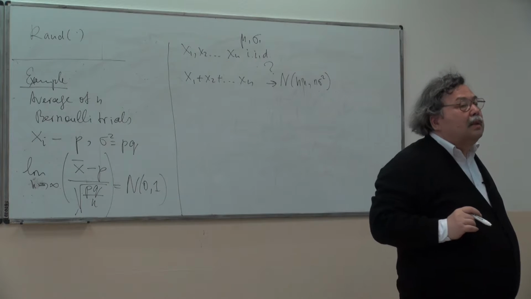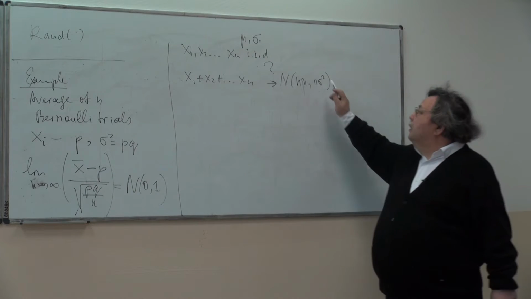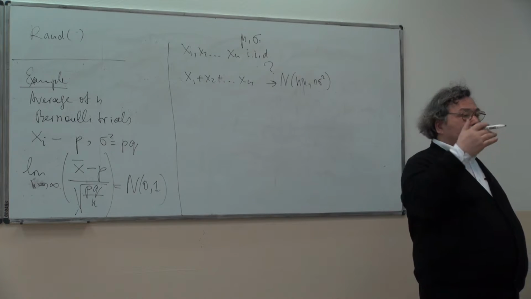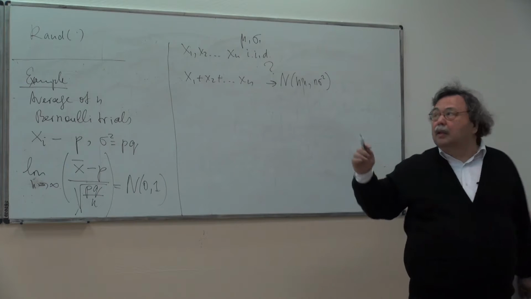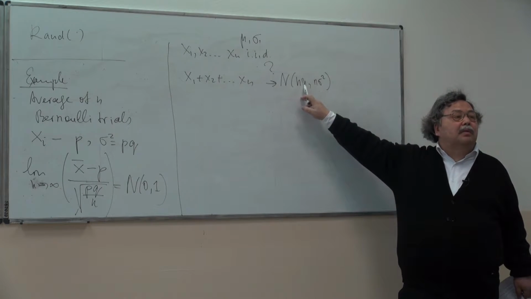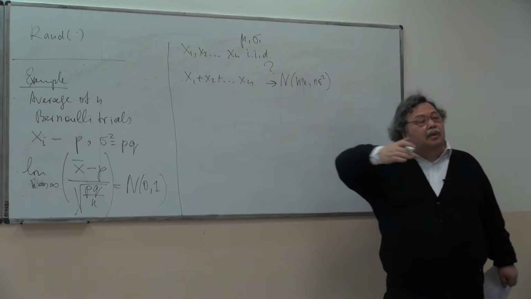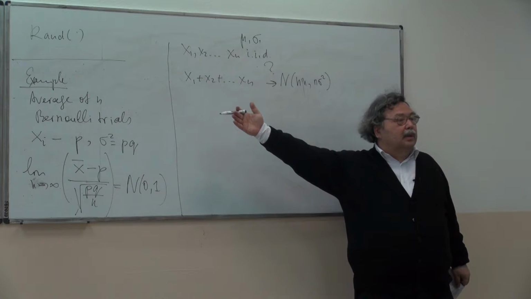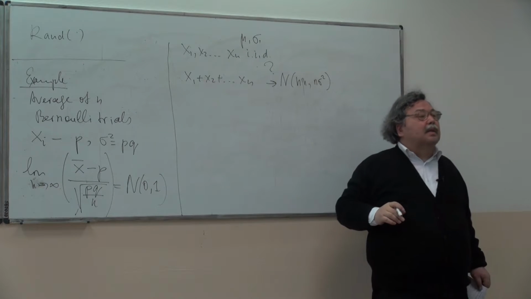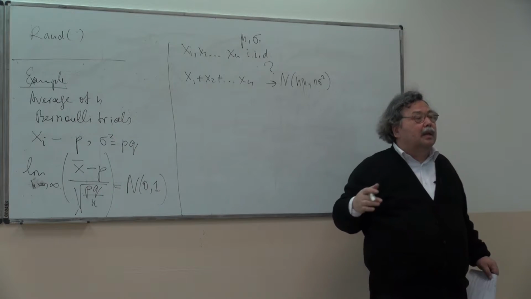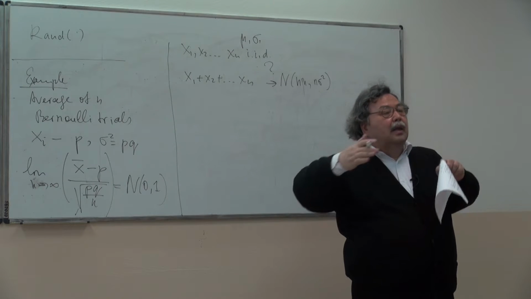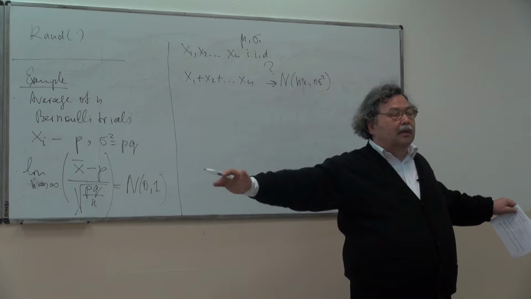And why is it not correct? What's written here is not something definite. It's not just one random variable. As n increases, the center of the distribution, the mean, shifts to the right, proportional to n. And again, as n increases, the variance increases proportional to n. So as n increases, this distribution shifts to the right and spreads out. Okay?